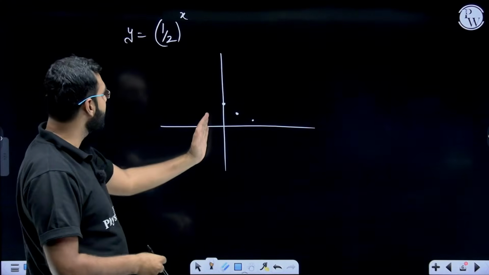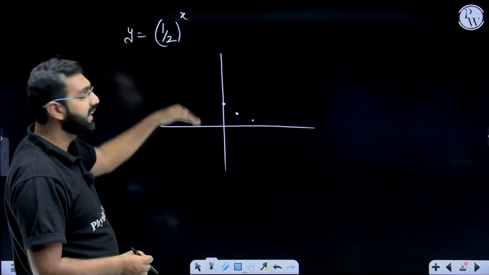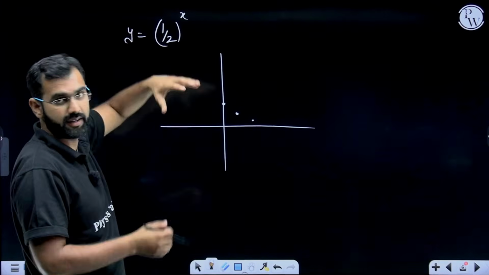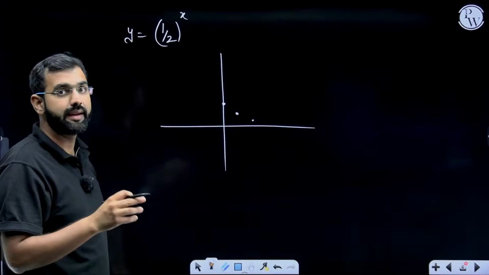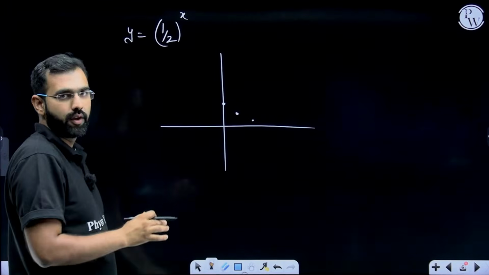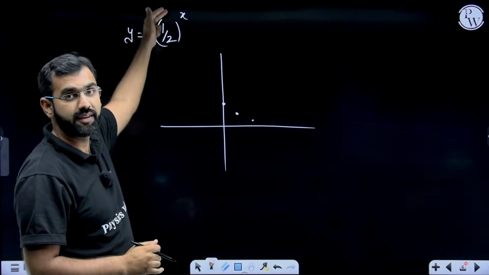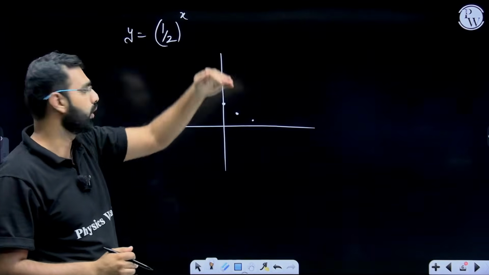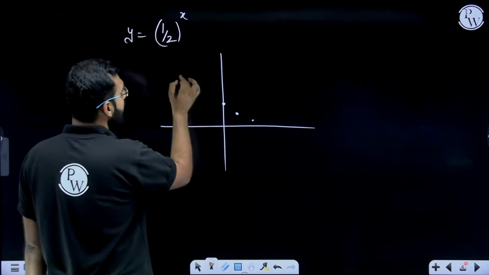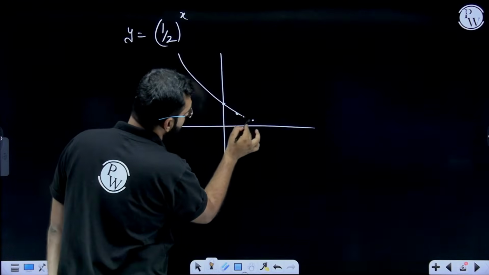But if x decreases, y increases, because 1 by 2 to the power minus 1, 1 by 2 to the power minus 2, 1 by 2 to the power minus 3 will make it, I hope you're understanding. Let's say 1 by 2 to the power minus 1, so it is actually 2 to the power 1, which is 2. 1 by 2 to the power minus 2, so it will be 2 to the power 2, which is 4. So when x decreases, y increases. So I hope you're understanding. I will be seeing its graph to be drawn like this.